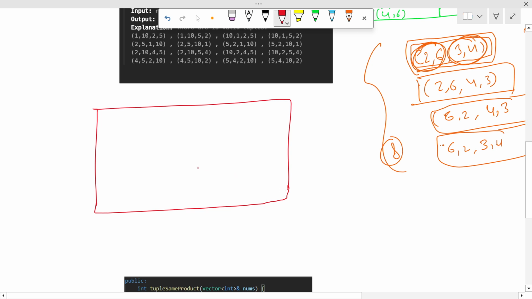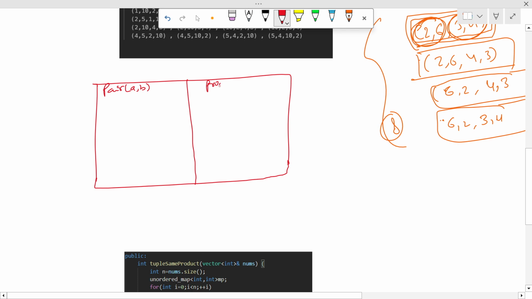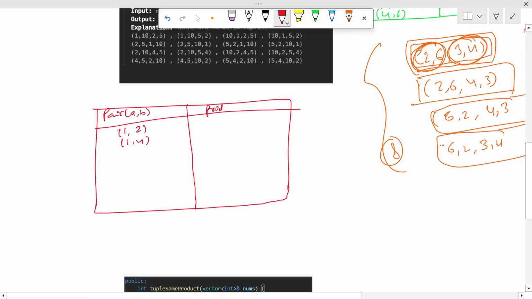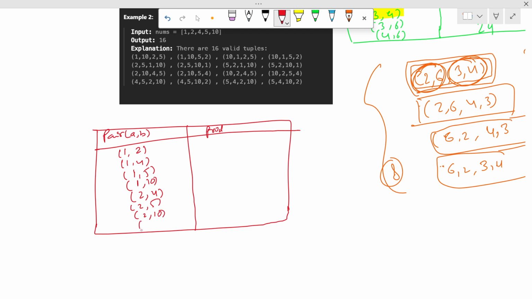Now here is the pair a comma b, and here the product. Now here 1 comma 2, 1 comma 4, 1 comma 5, 1 comma 10, 2 comma 4, 2 comma 5, 2 comma 10, 4 comma 5, 4 comma 10, 5 comma 10.